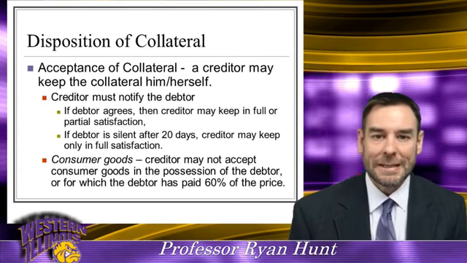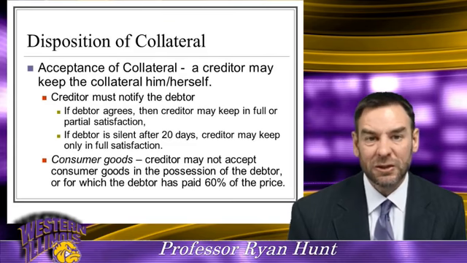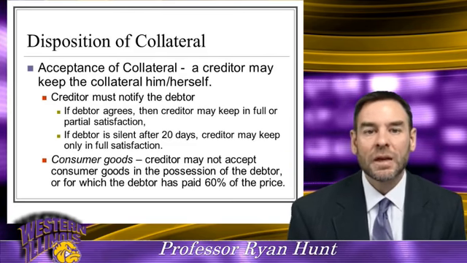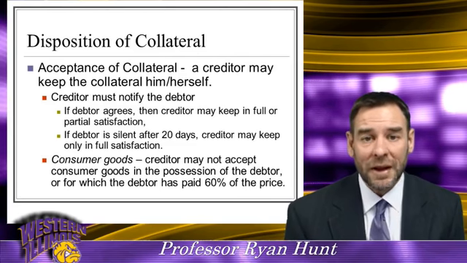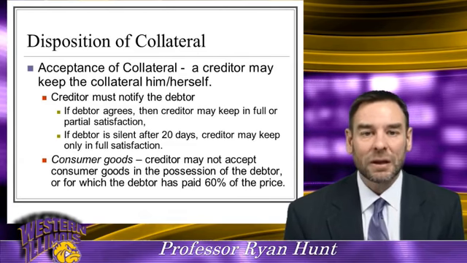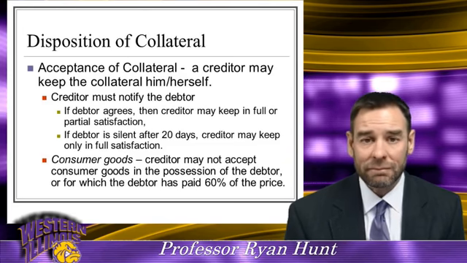Maybe it's even not a consumer loan. Maybe this is a business loan and it's like a delivery van or something. And so the creditor says, well, we need a van here at the bank, and so I just want to keep the collateral in satisfaction of the debt. Now, if the debtor agrees to that, that's fine.